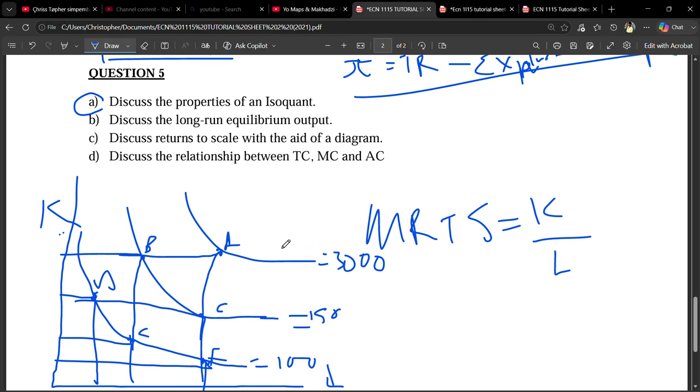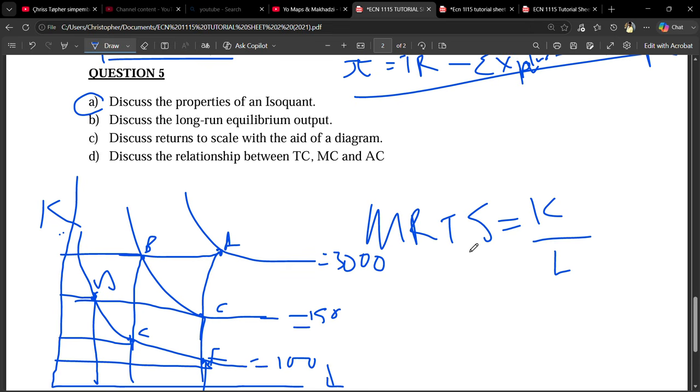You can try to look up more properties, because there are more that you can give. Of course, it is also convex, which shows the marginal rate of technical substitution that is there.